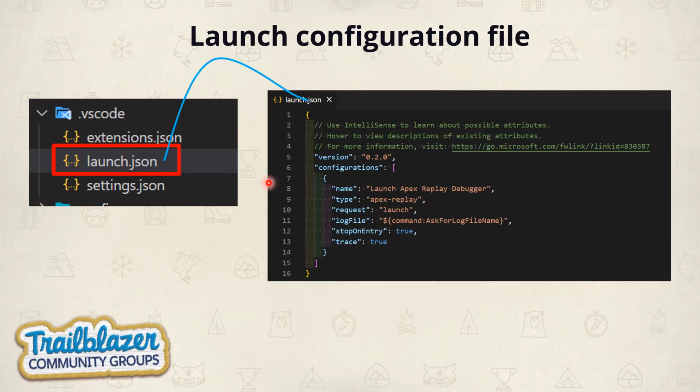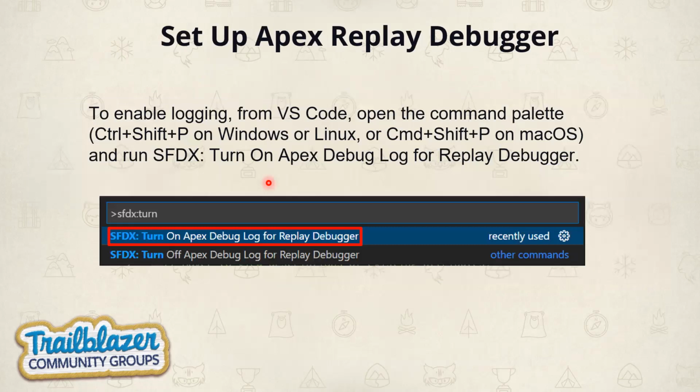So let me click next, that is called Set Up Apex Replay Debugger. How do we set up this Apex Replay Debugger? To enable logging from VS Code, open the command palette, you know very well, Control Shift P. Press this command and you will see this pop-up.